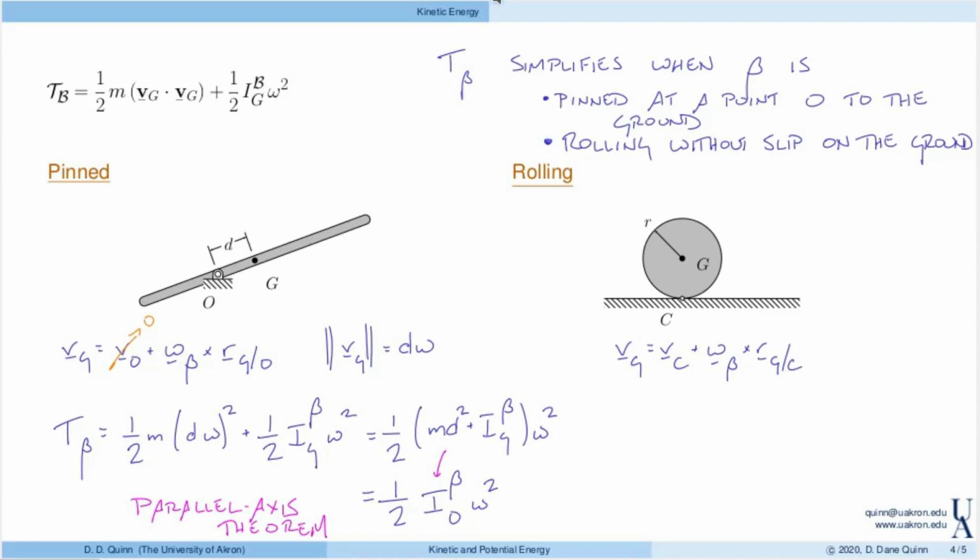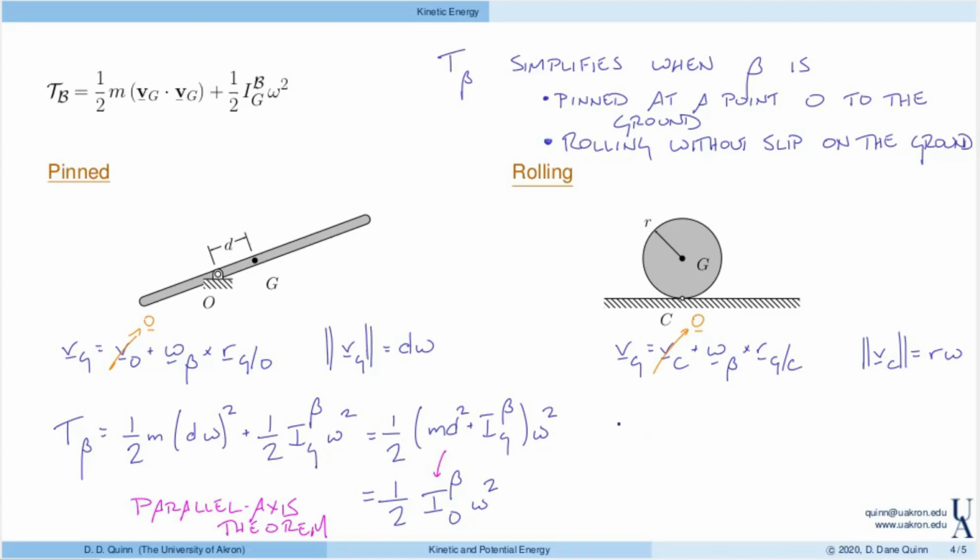And once again, because it's rolling without slip, this term vanishes, and so the velocity of c, its magnitude, is r omega.